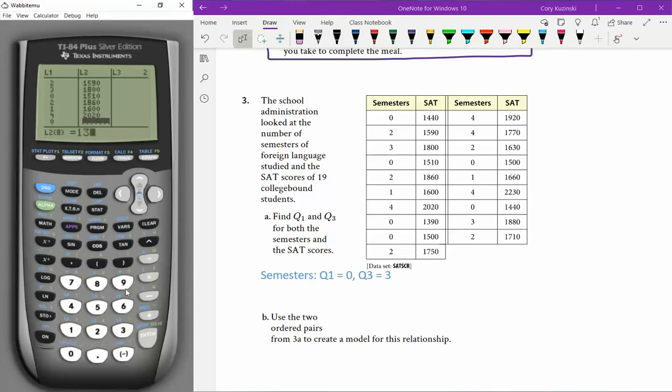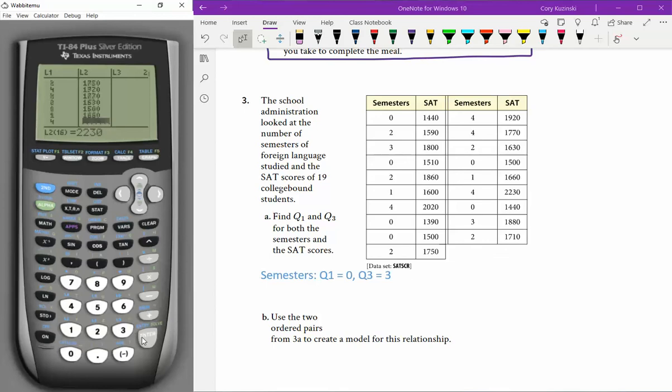That's a good score, huh? 1390, 1500, 1750, 1920, 1770, 1630, 1500, 1660, 2230.